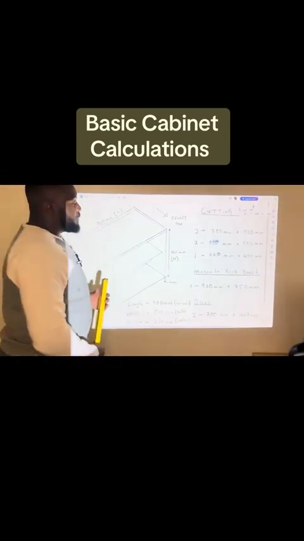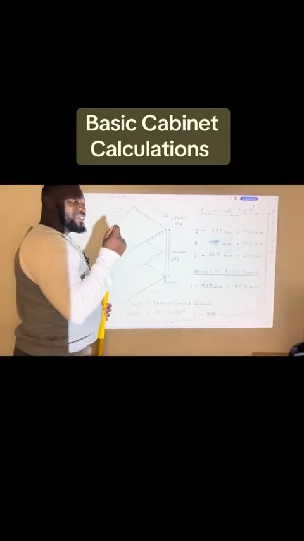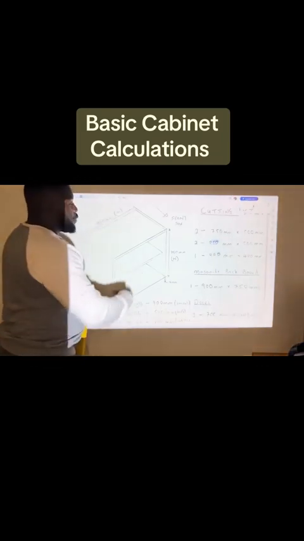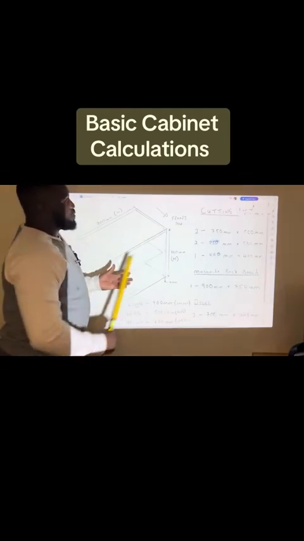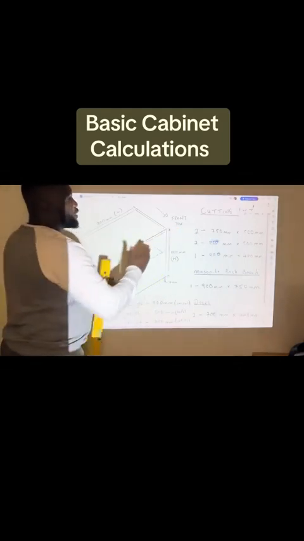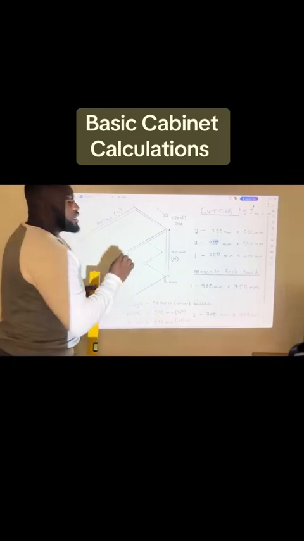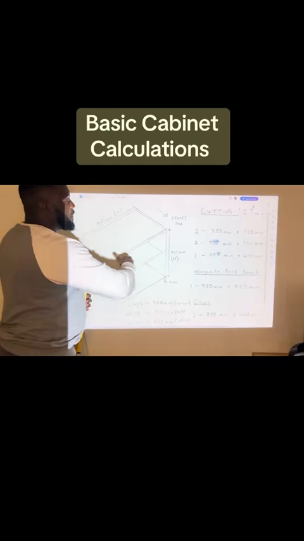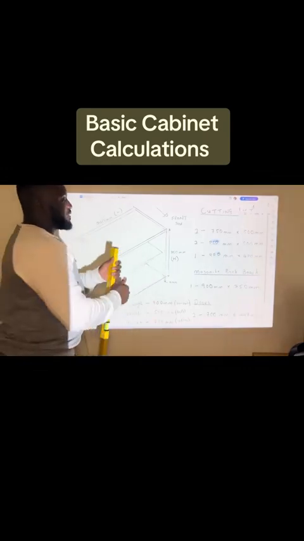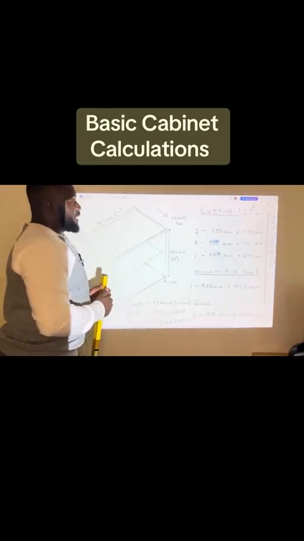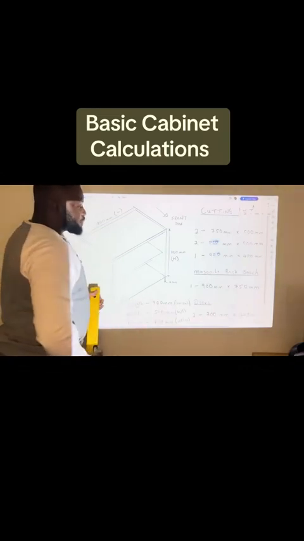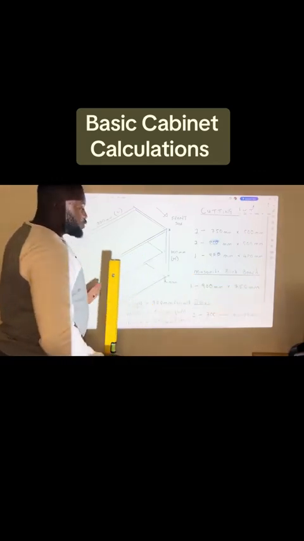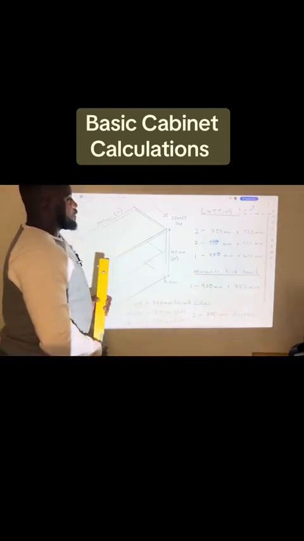When you put 1 millimeter, you still have a gap of 1 millimeter between them, because when you are opening, and let's say you are going to put another cupboard, you don't need the doors to crush each other. So you need to remove at least a millimeter or two, so that the moment you start to open the doors, they won't have friction or crush each other. At the end of the day, it won't look nice. So you remove 2 millimeters so that it will come out the good way.